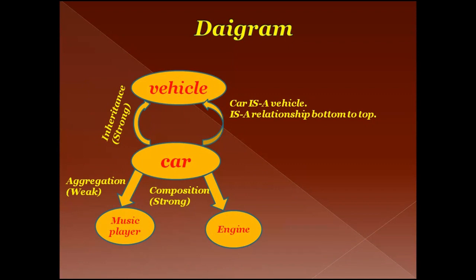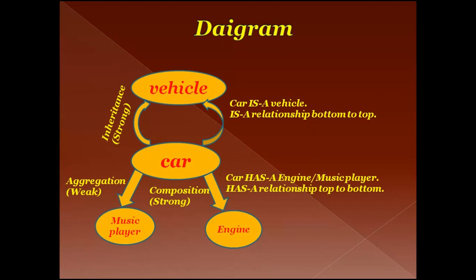And car has an engine: this is composition. Between car and music player, this is association of aggregation type, and between car and engine, this is association of composition type. And car is a vehicle, this is inheritance.